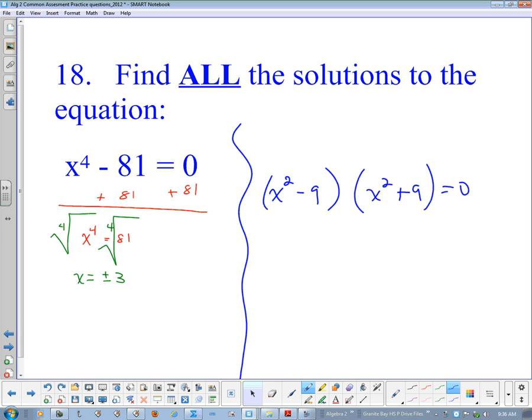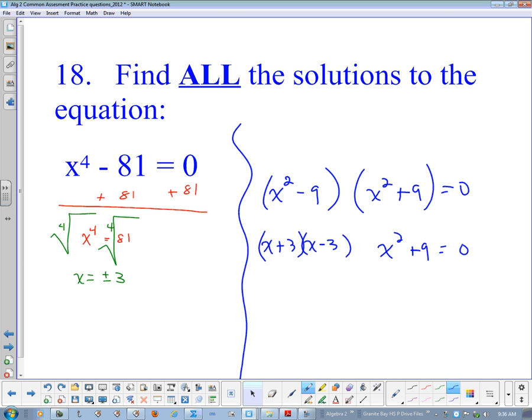That's because x to the 4th minus 81 is the difference of perfect squares, which turns into a sum and difference. Here, this is another difference of perfect squares, so it's x plus 3, x minus 3. This one is just x squared plus 9.